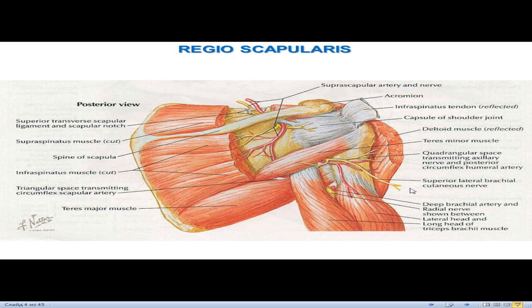Landmarks are the following. It's the spina scapulae. You can see it here. You can palpate it, and it's a good point for orientation. Then the acromion, the special apophysis, which is a projection.